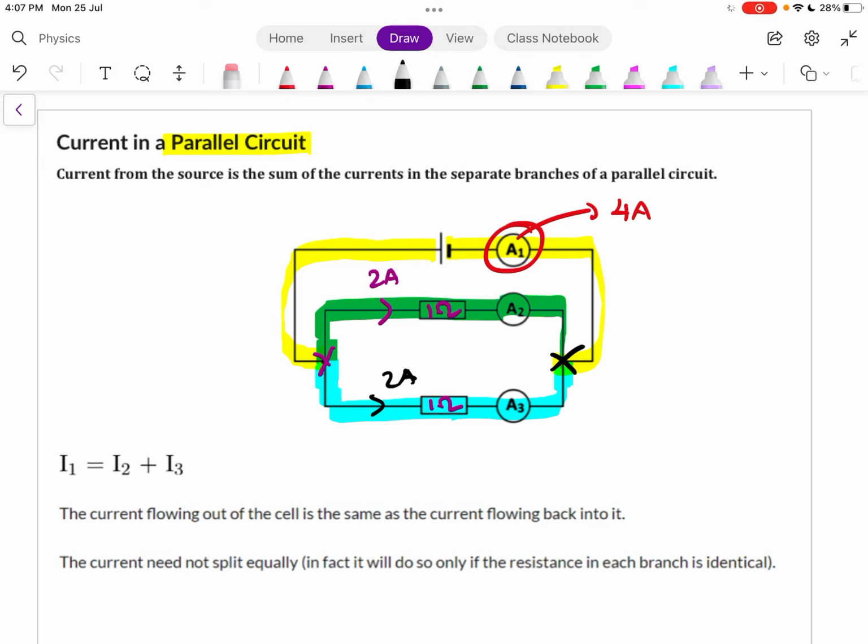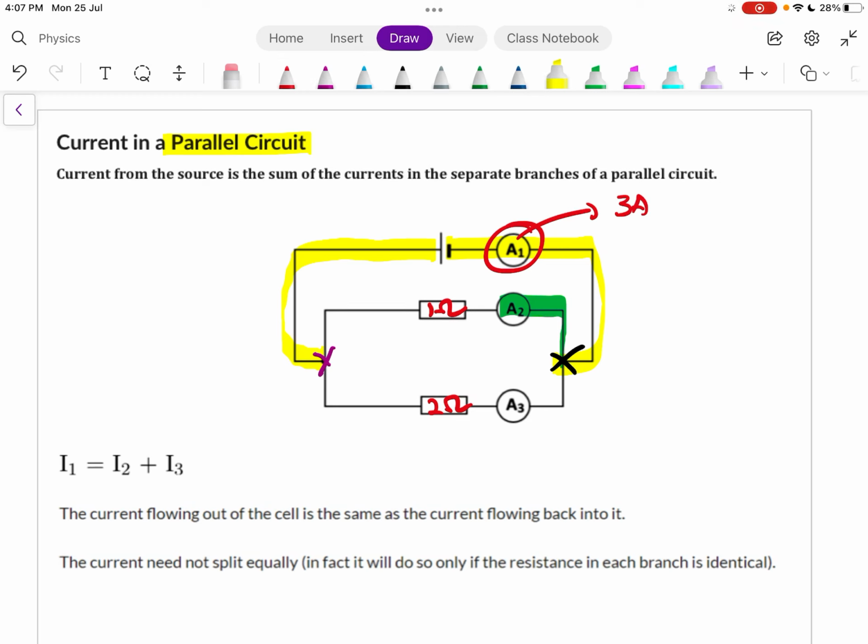Okay, so the case number 2, which is the most likely case that we are given, will be two different resistors. For example, let's say I give you 1 ohm here and 2 ohm here. The current, for easy calculation, I set at 3 ampere.